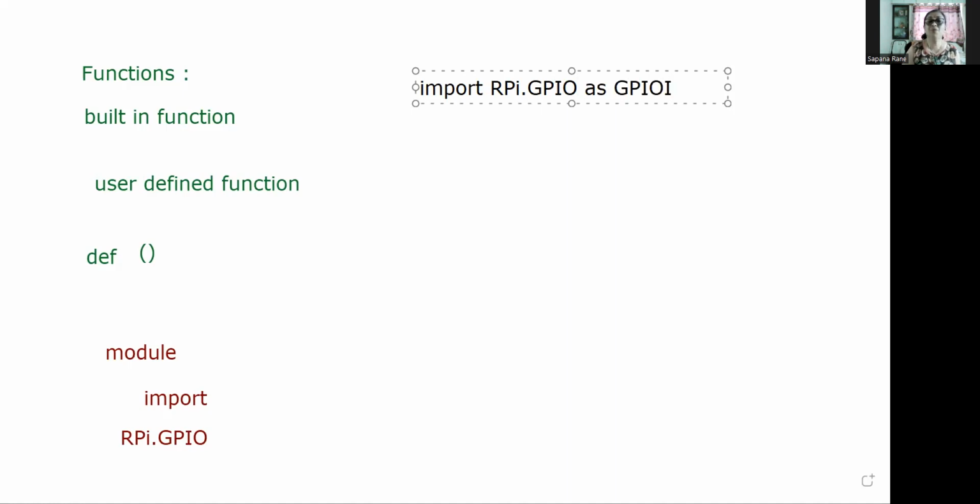So we are importing this as GPIO. If you import it as GPIO, every time you need not write RPi.GPIO. Instead, you can write simply GPIO.